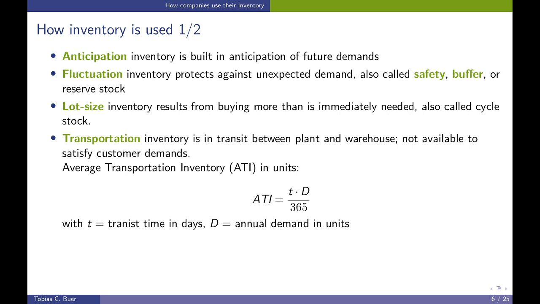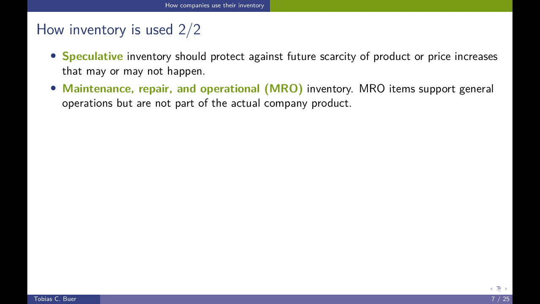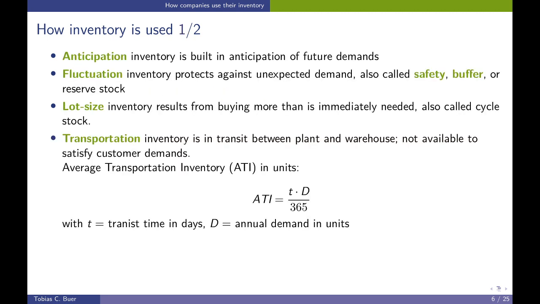So, for example, when it takes 10 days in transit for container transportation, and the annual demand is 200 units, then the average transportation inventory is 5.5 units approximately.